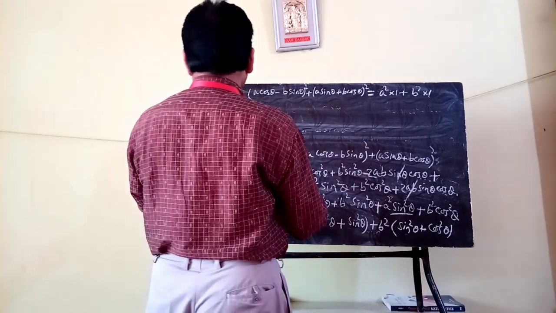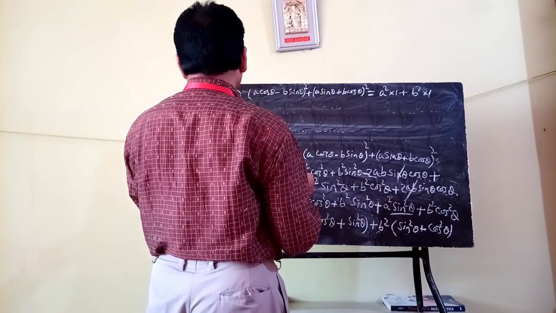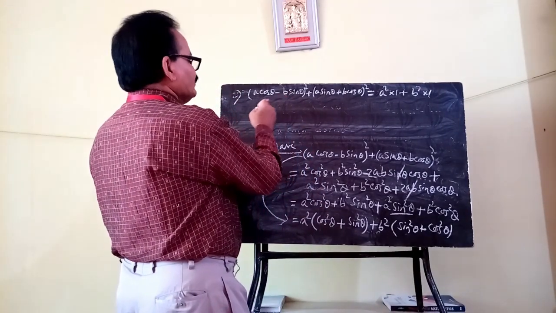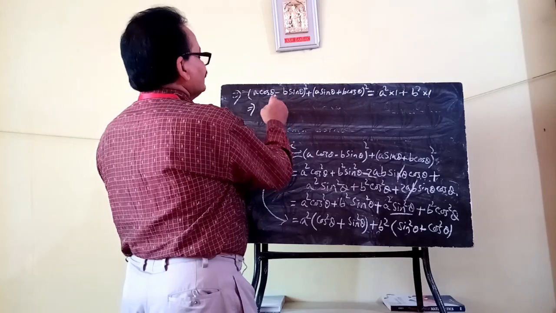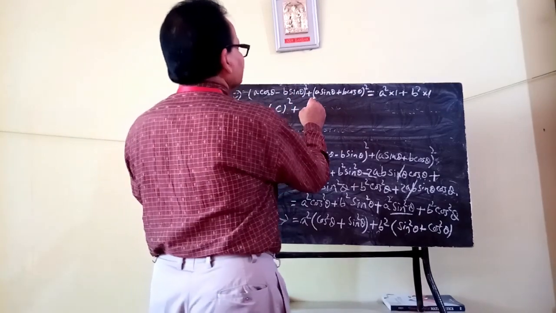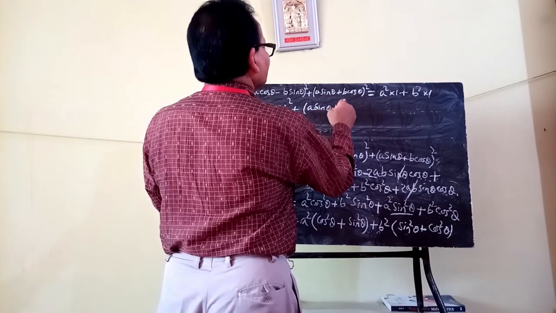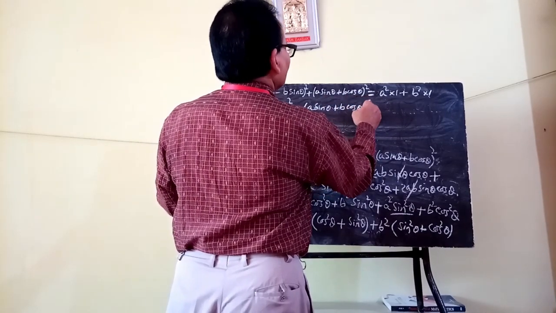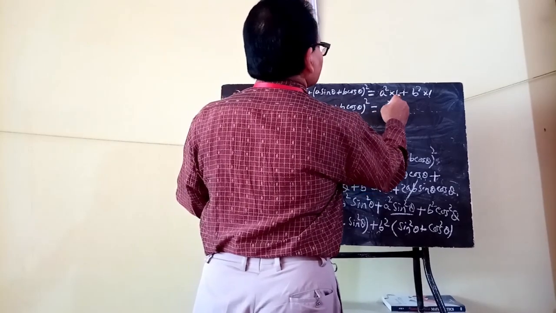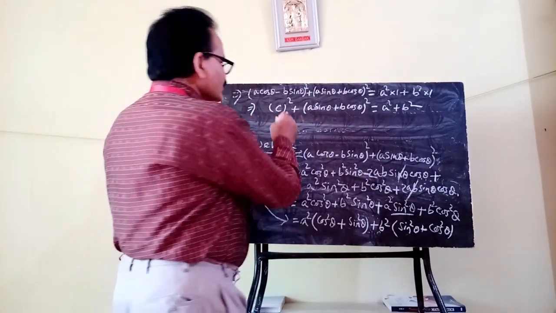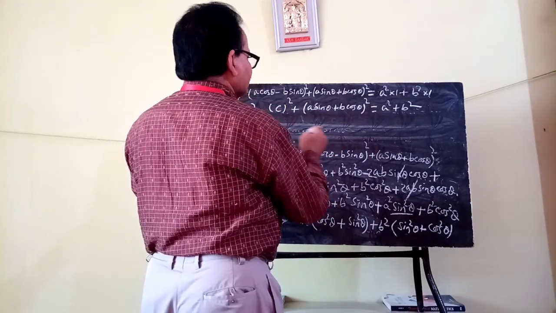Now what you will do, you just substitute in this term the value that was given as c. So this is c square plus a sin theta plus b cos theta whole square, and this part is a square plus b square. Clear? So you now take c square to that side.